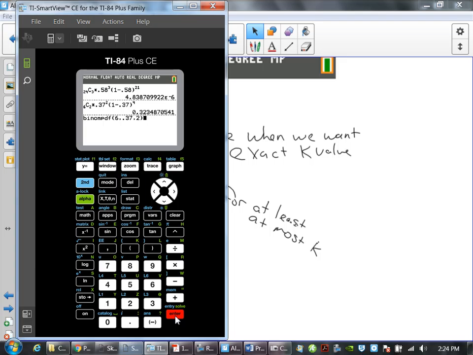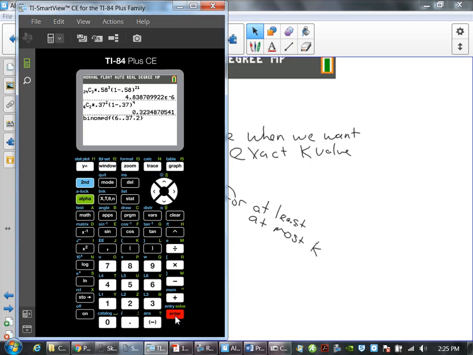For those of you guys that did not have that option to put in, when you opened up, it opened up a parenthesis for you. First thing you put in is the number of trials, comma. So you put a 6. So if yours is showing, we just open up a parenthesis with Bino PDF.